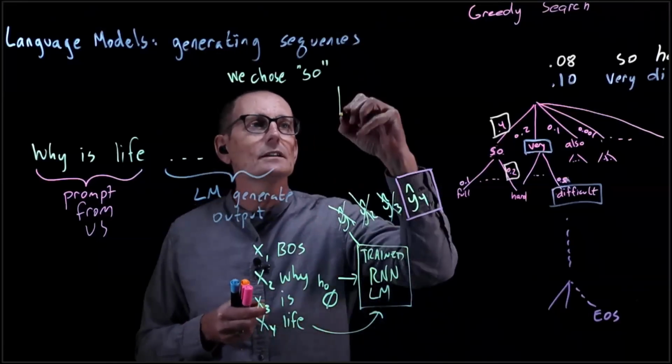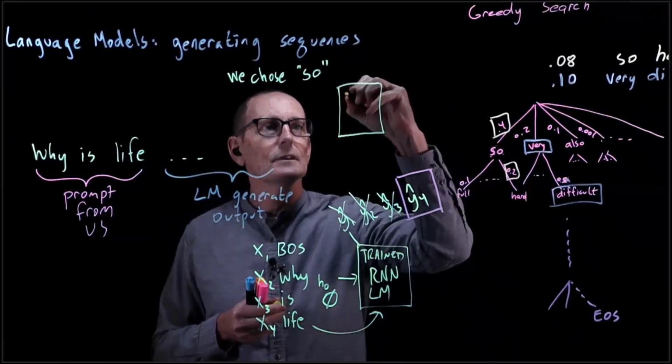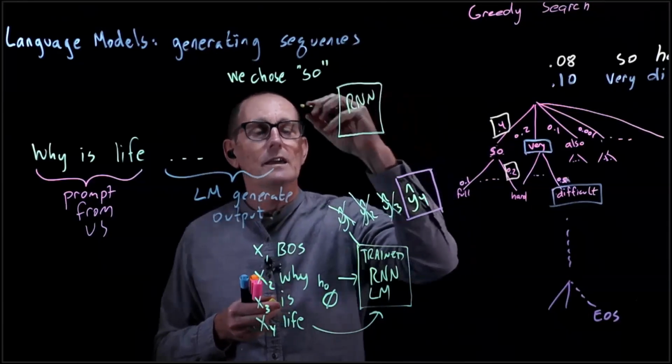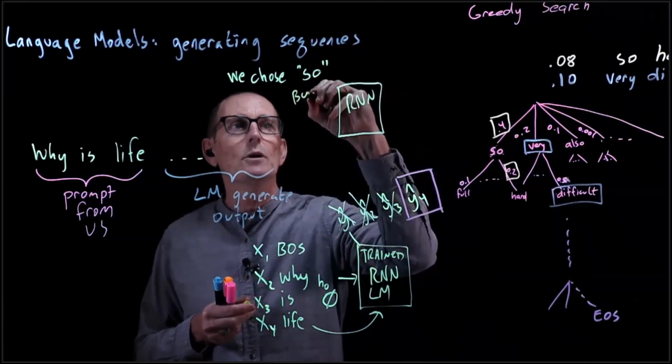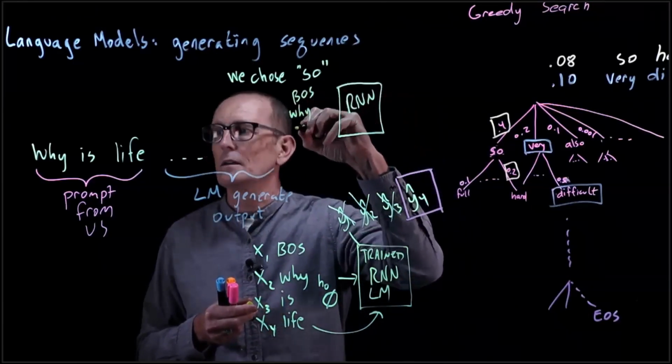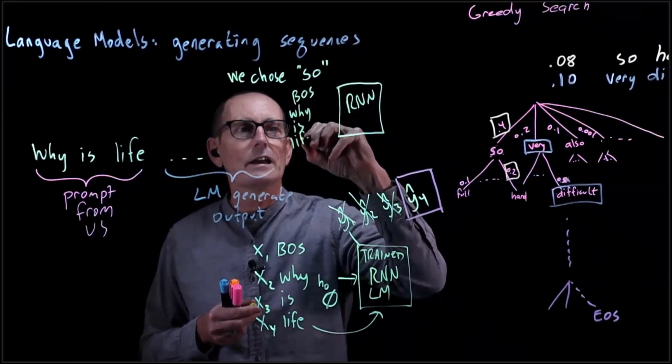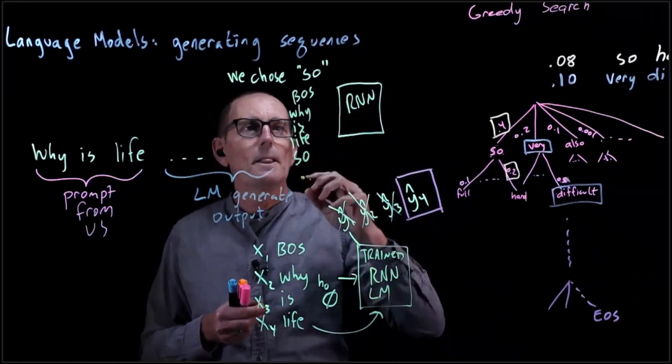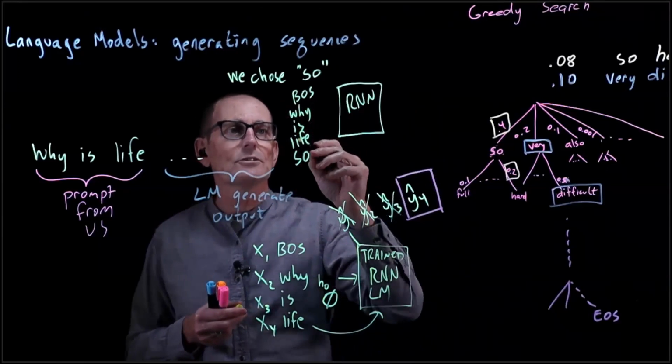We could take this RNN and feed in BOS, "life is so", and this would be x1, x2, x3, x4, and x5.